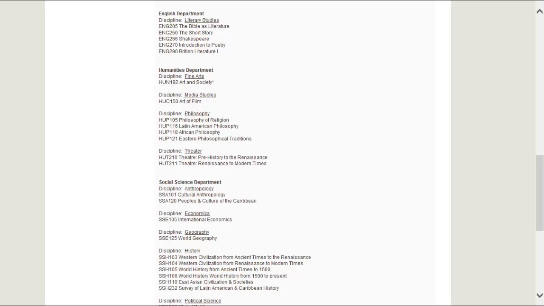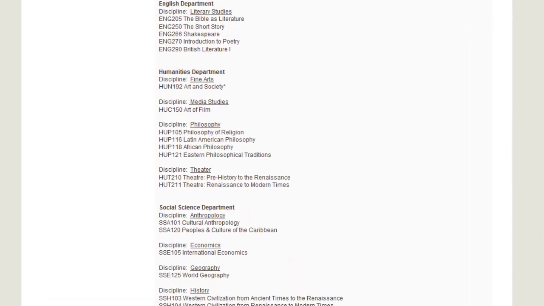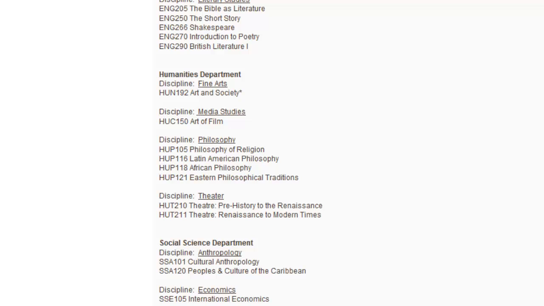Let's select a second course from this category to fulfill the Flexible Core requirements. Let's go to the Humanities Department. The discipline is Philosophy, and the course HUP 105, Philosophy of Religion. This will be the 6th course that will complete the 18 credits required in the Flexible Core.